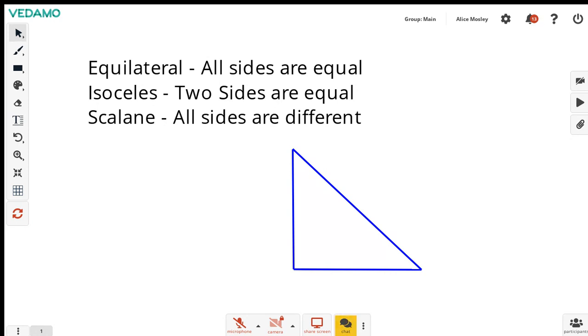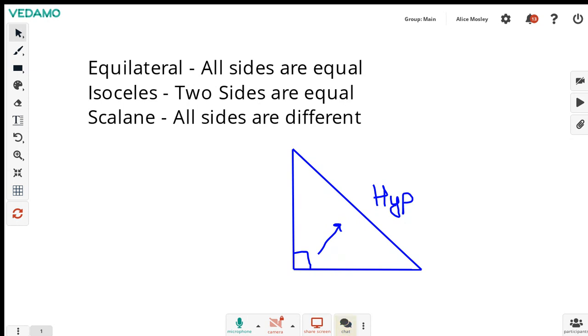Now, this is a right triangle, okay? So, in a right triangle, these are three sides, and we name these sides. The side which is directly opposite to the angle is known as hypotenuse.